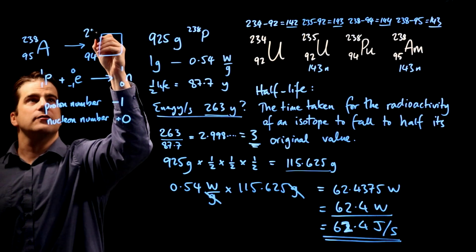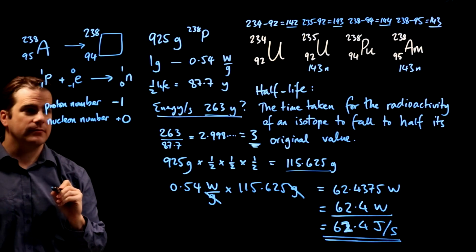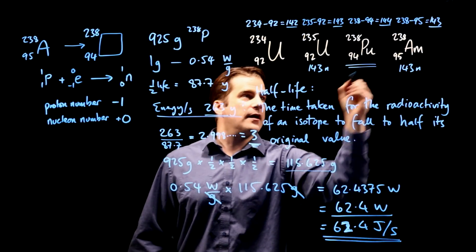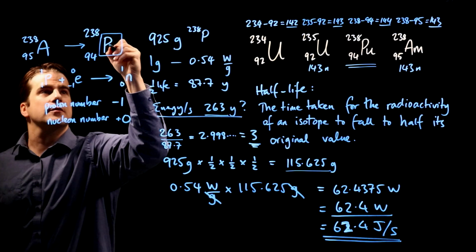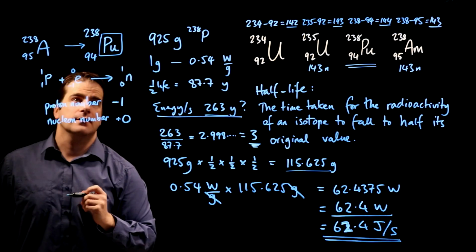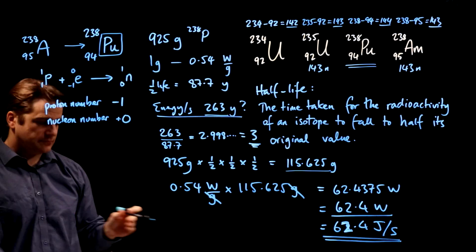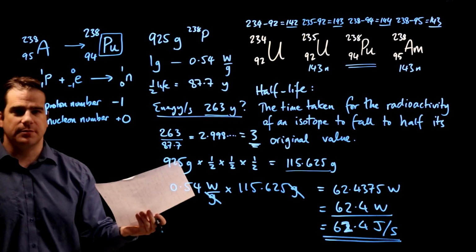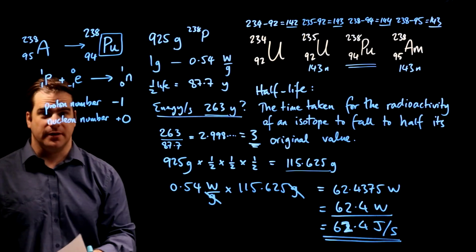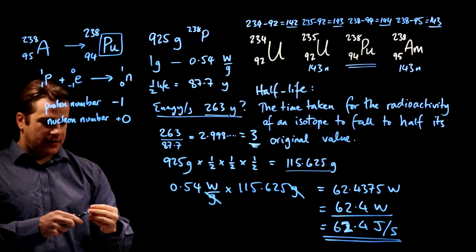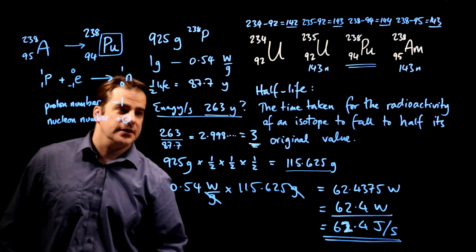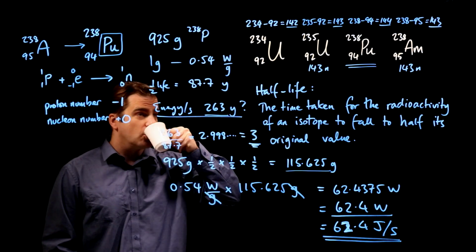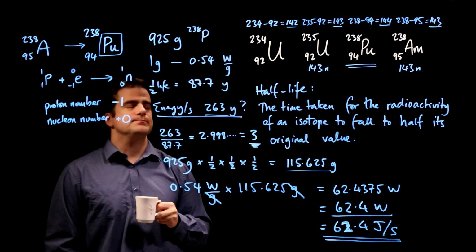So that's still 238. 238, 94, look at that, it's plutonium. And that's it. Which was, multiple choice, that last one, that was C, I believe. There we go. Nice little question, all about nuclei and half-lives. Cheers.